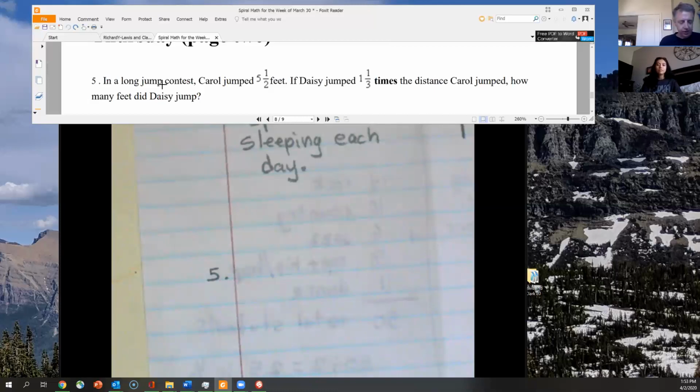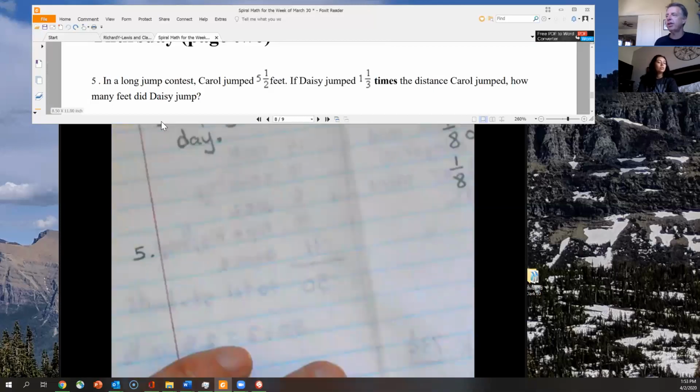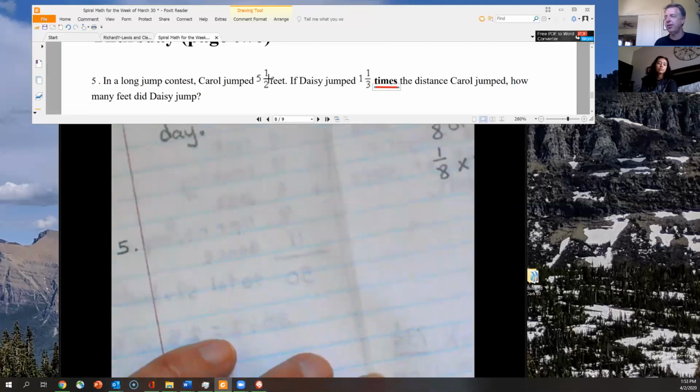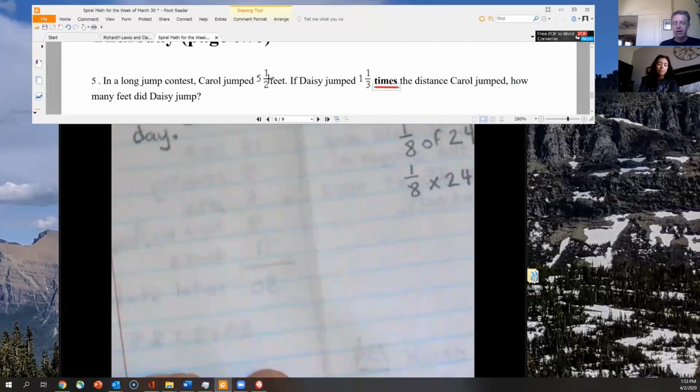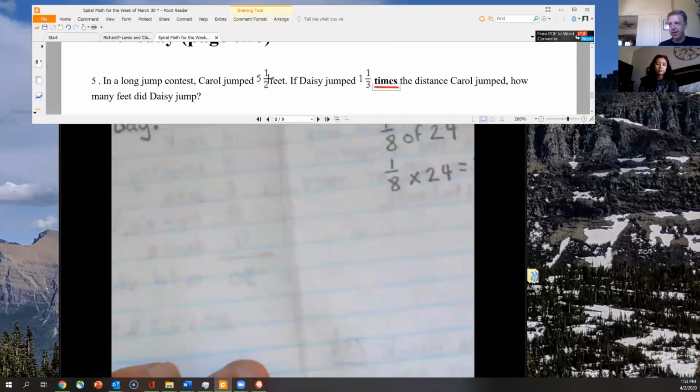Now, boys and girls, I want you to focus really, really closely on the word times. It's not adding 1 1/3 or subtracting 1 1/3 from 5 1/2. It's that Daisy jumped 1 1/3 times the distance that Carol did. So that's going to totally change how we do this word problem if you are not reading it carefully.